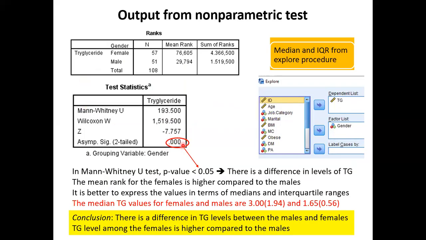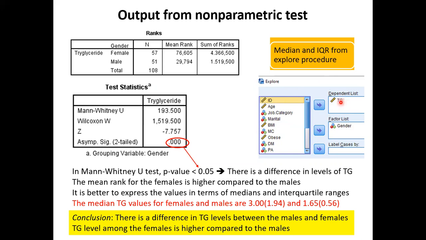Are you getting this table? Yes. Okay, what about others? Right. That means there's a difference, but don't use the word mean. You're going to find the median and IQR. So do this test.